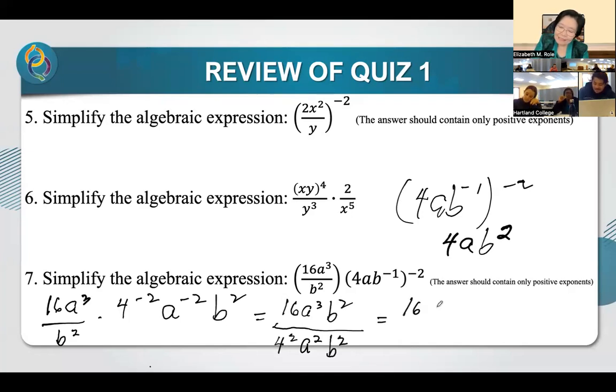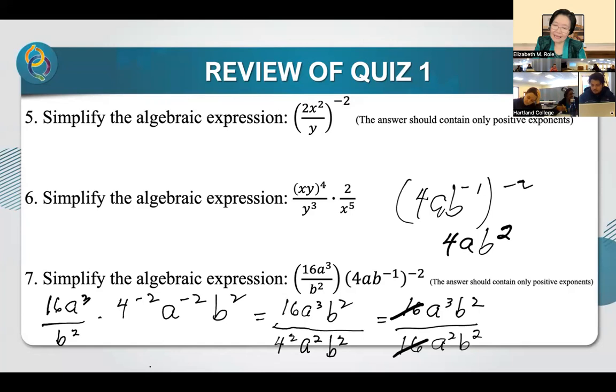So you now have 16a cubed b squared over 16a squared b squared. Everything cancels except a. 16 and 16 will cancel, b squared and b squared will cancel. A cubed divided by a squared will now be equal to a. So that will be your final answer.